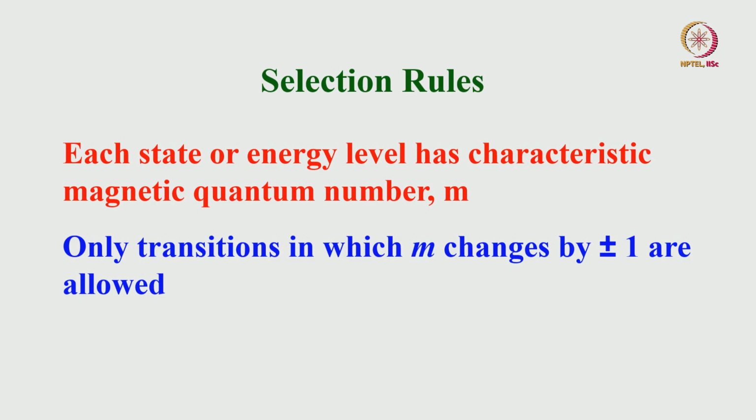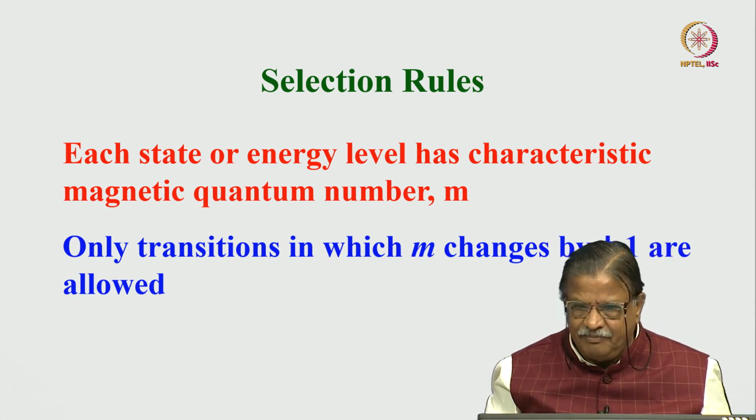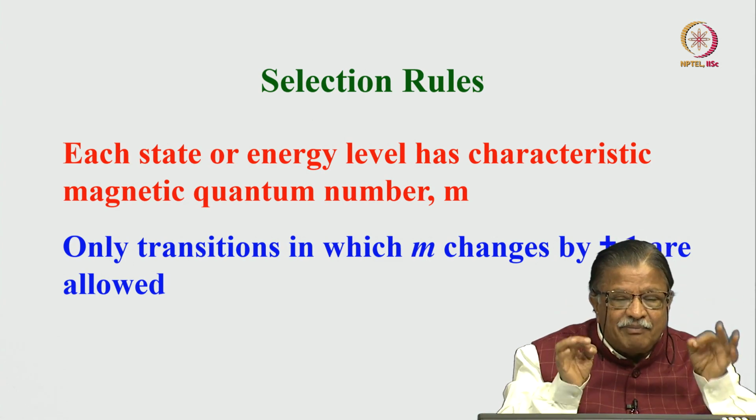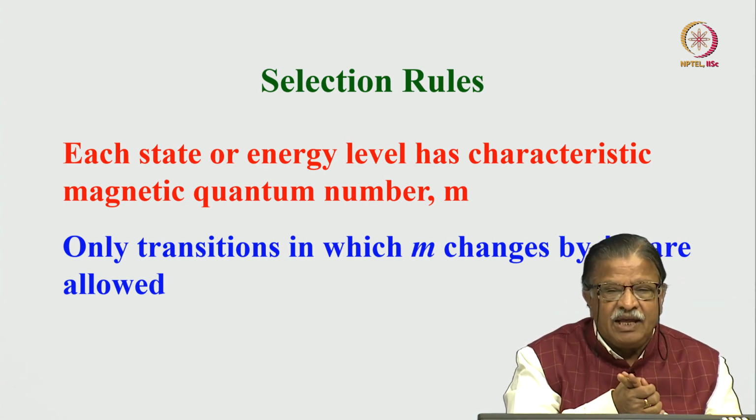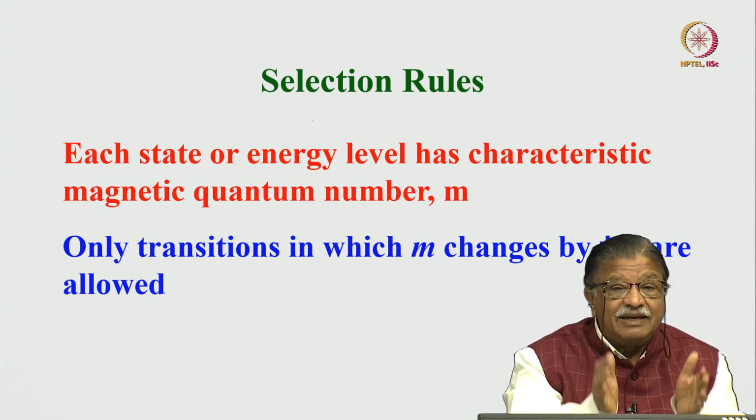There will not be any component of the magnetic moment vector in the xy plane, whereas the vector addition will be there along the z axis, and similarly along the minus z axis for the beta state. Due to excess population in the alpha state compared to the beta state, a tiny net magnetization is developed along the direction of the magnetic field. I said this is called bulk magnetization, which is always parallel to the magnetic field direction, and it is static, it is stationary.